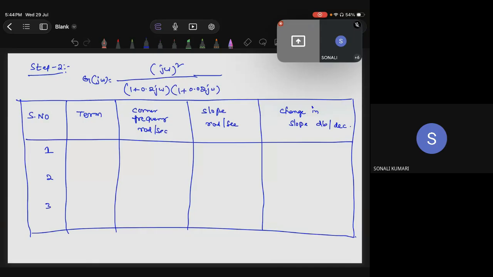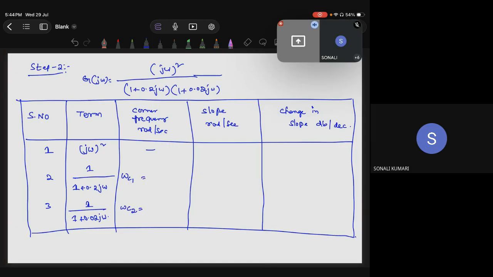First one is the j omega square. Second one is 1 by 1 plus 0.2 j omega. The third one is 1 by 1 plus 0.02 j omega. Corner frequency we cannot define for the zero, so for the poles we define the corner frequencies.